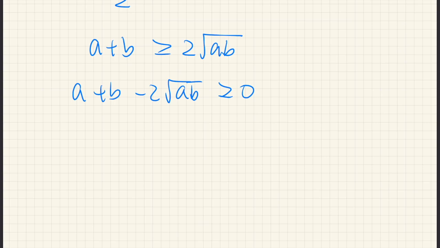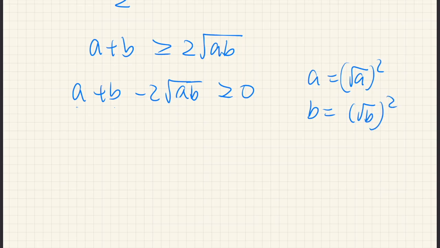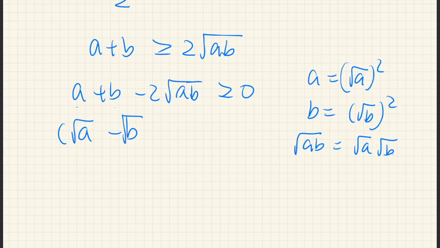Then considering a as square root of a to the power of 2, and similarly b as square root of b to the power of 2. And of course, square root of ab is square root of a times square root of b, so therefore we have (square root of a minus square root of b) squared greater than or equal to 0.